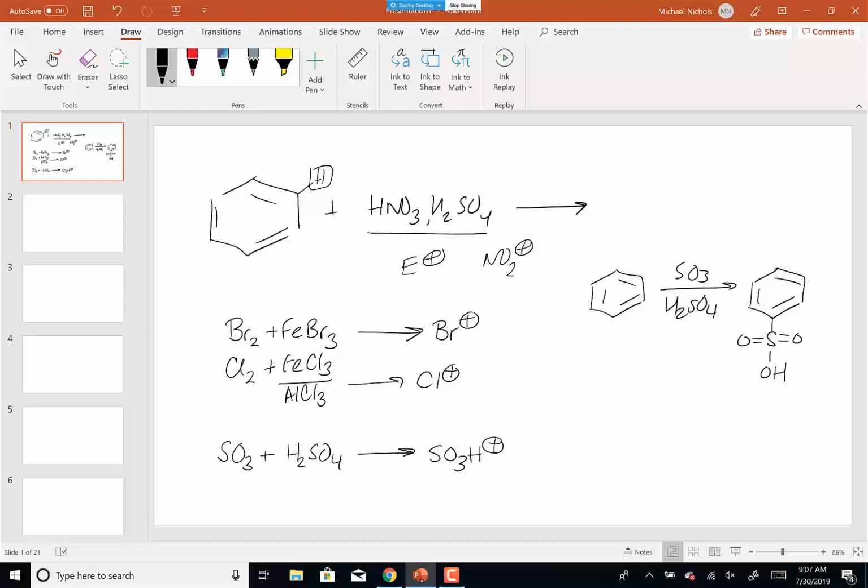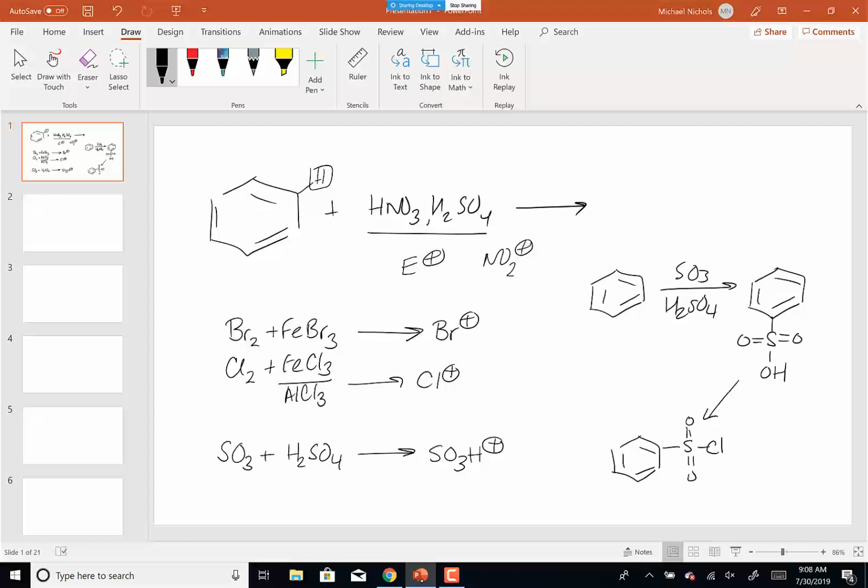That's looking pretty similar to what reagent that we used last week. It looks like a tosyl ester or the precursor to a tosyl ester, but remember what we did was to make the tosylate ester we used this tosyl chloride.